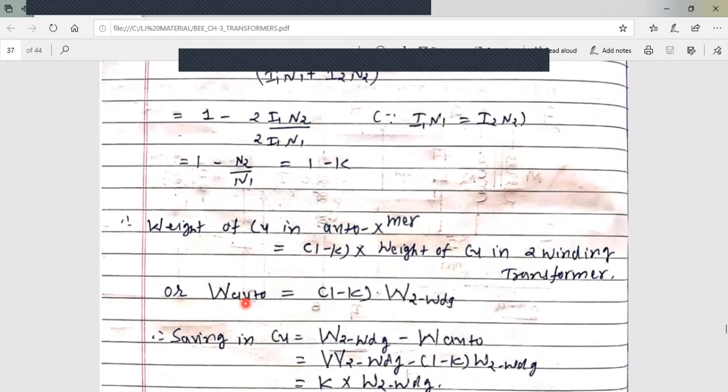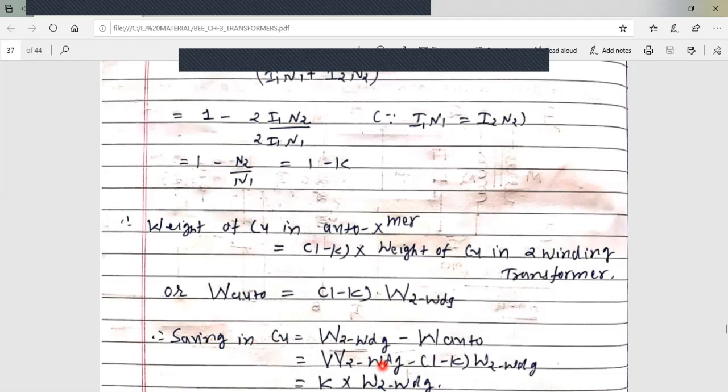W auto indicates weight of copper in auto transformer. W2 winding indicates weight of copper in two winding transformer. So we can write how much copper saving there is in auto transformer. Copper saving in auto transformer equals weight of copper in two winding transformer minus weight of copper in auto transformer.